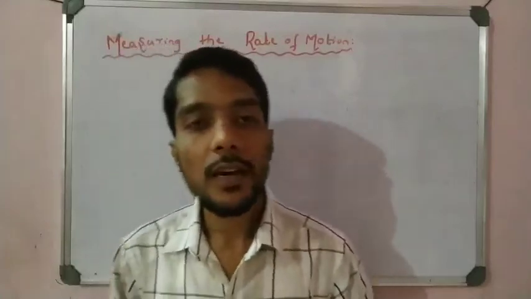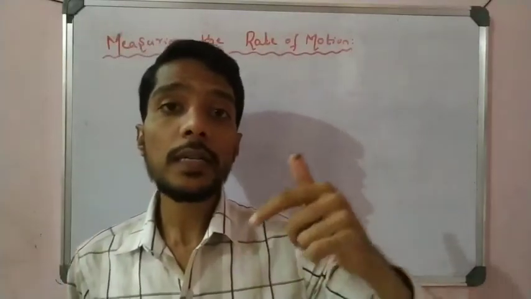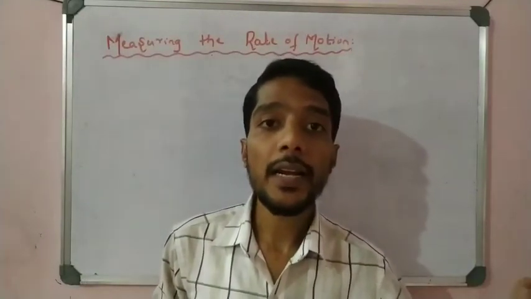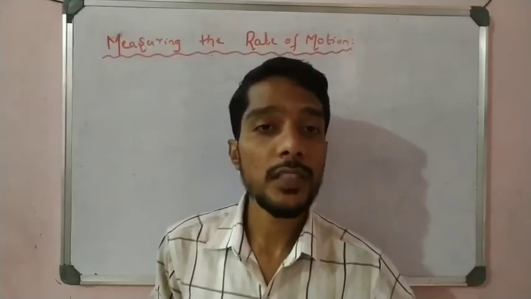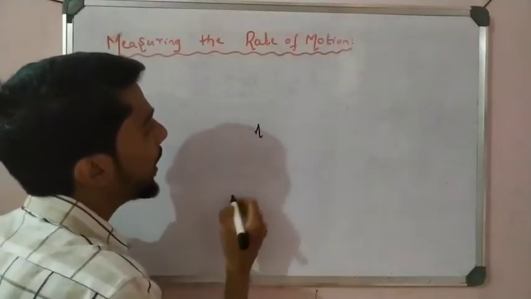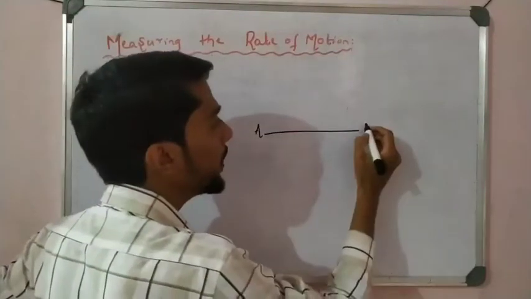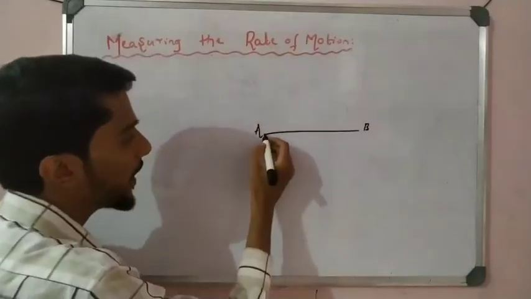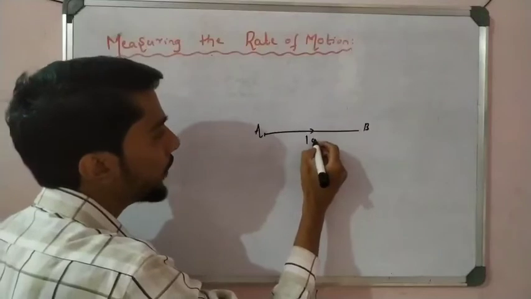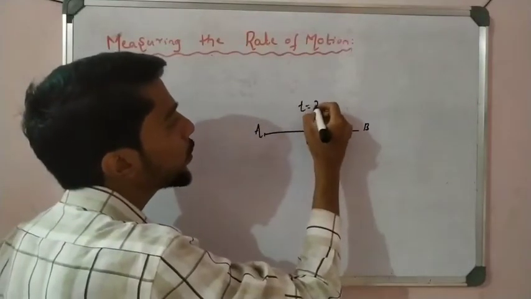So we know motion. Now rate of motion means at what rate the particle can change the distance. For example, a particle travels from A to B and covers a distance of 10 meters, and the time taken is 2 seconds.